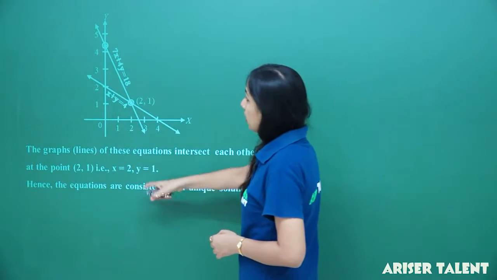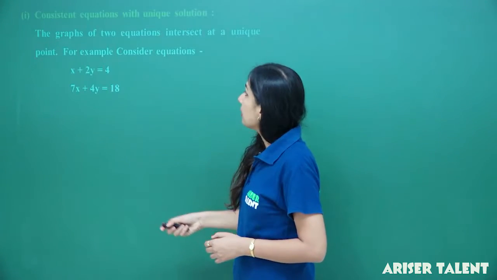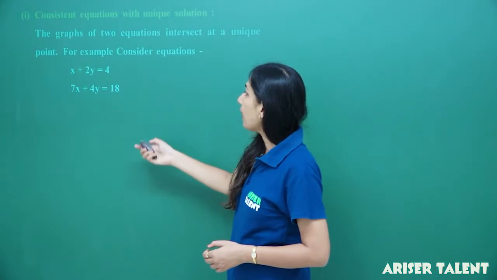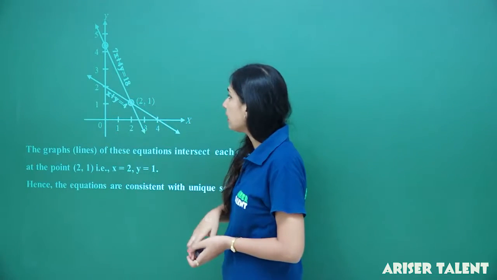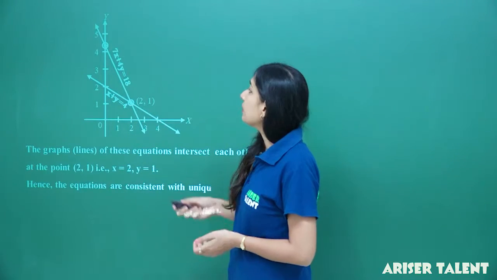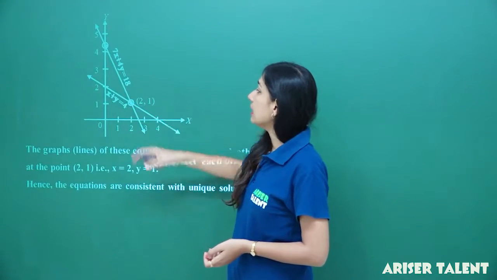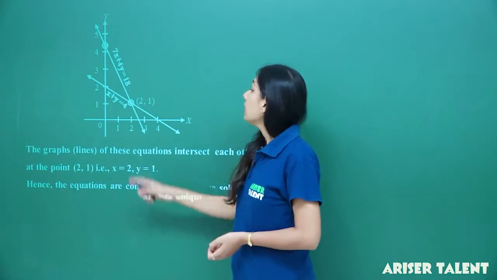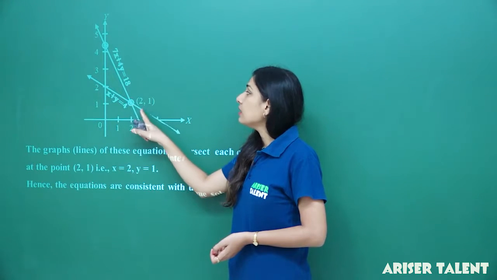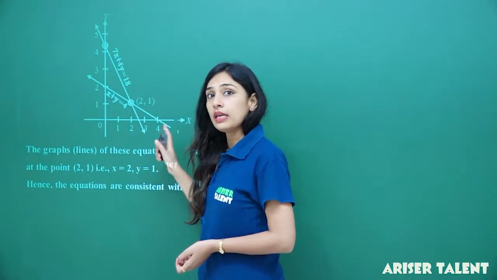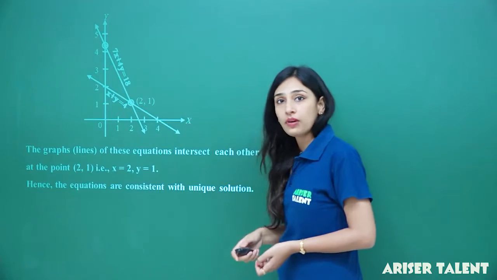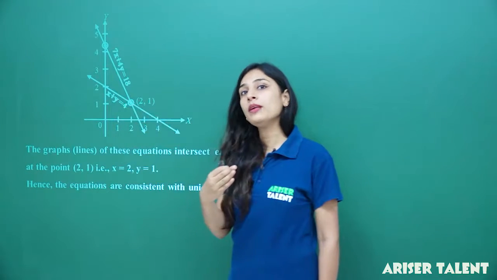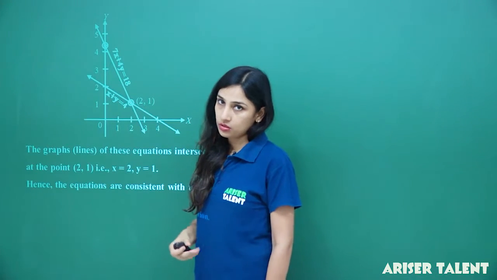So this line is x plus 2y equals 4, then 7x plus 4y equals 18. These two lines intersect at this particular point, which is (2, 1). This shows the x axis and this shows the y axis. So this is the intersection point, which will be known as the unique solution of the equations.